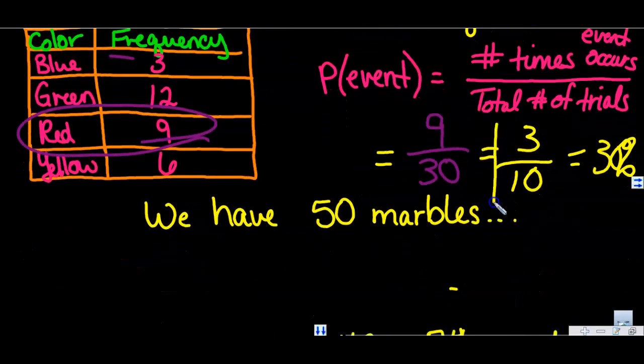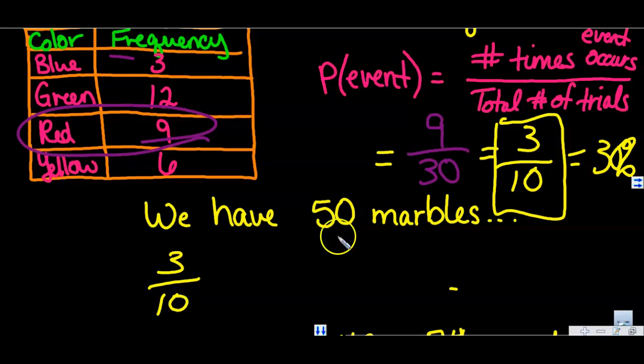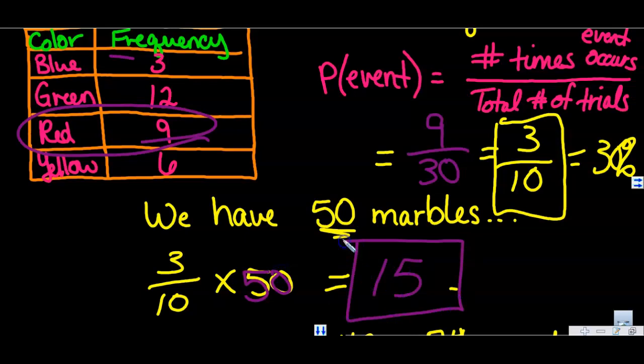Our probability says that 3 out of every 10 marbles are probably red. So if 3 out of every 10 marbles are red, and now there's 50, we're going to multiply that by 50. We get our prediction of 15 red marbles.